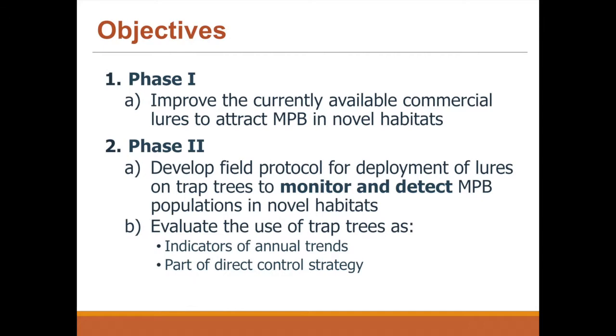And this phase 2 is to develop a field protocol for deployment of these lures on trap trees to monitor and detect mountain pine beetle populations, but also to evaluate the use of these trap tree protocols to look for indicators of annual trends for population fluctuations, and also as part of a direct control strategy, in that do these concentrate beetle populations and prevent them from spreading to adjacent stands.